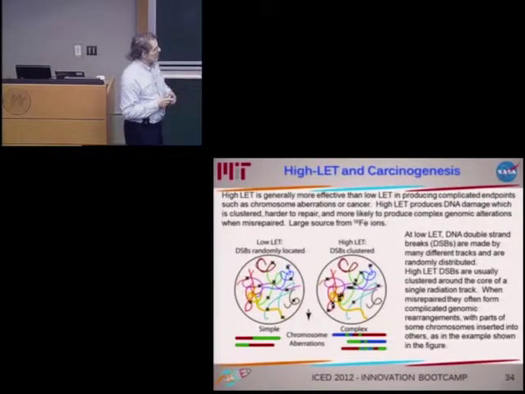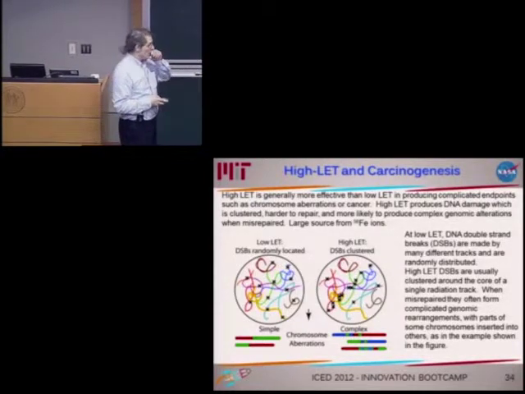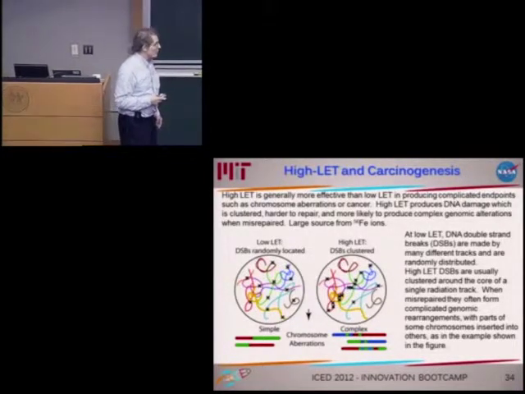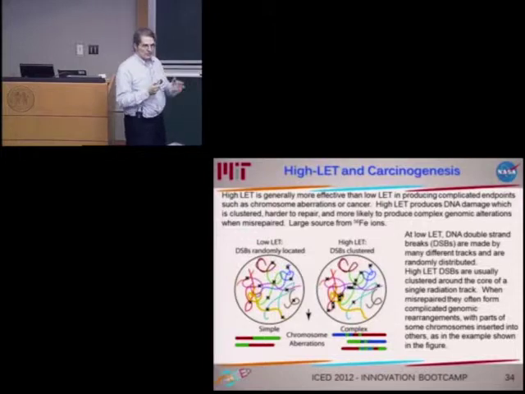You can sort of see that on the right-hand side. The damages are numerous and closely aligned, so that in terms of the chromosome aberrations, you get these complex lesions where you get one break, you get several breaks, sometimes in these chromosomes, which obviously greatly enhance the prospect for mutagenesis and carcinogenesis.